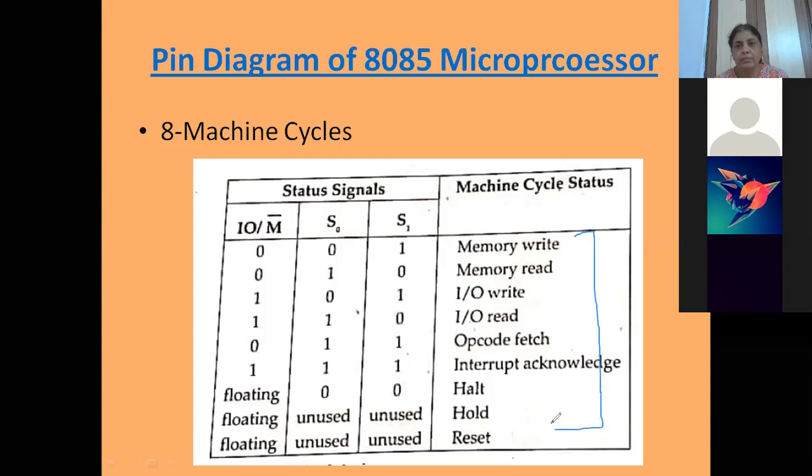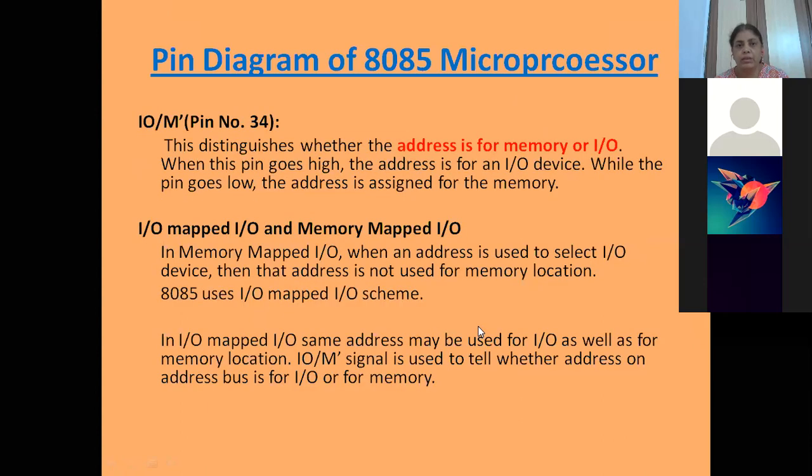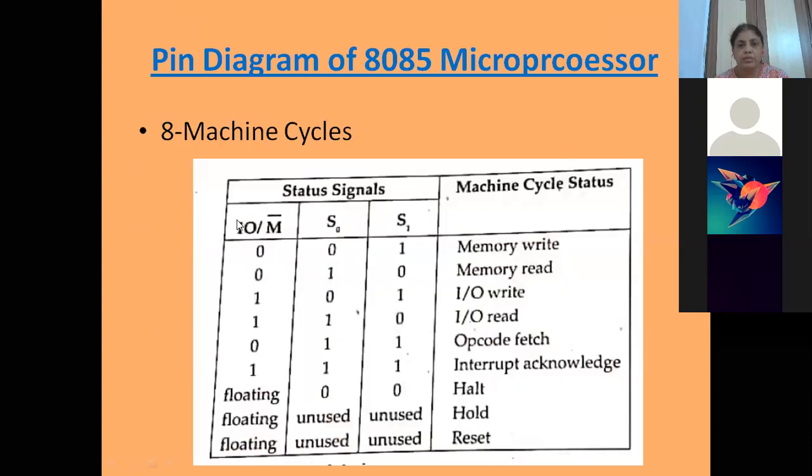तो किसी ना किसी पे माइक्रोप्रोसेसर काम कर रहा है. ओके, तो S0 S1 से सिर्फ आपको पिक्चर मिलती है कि माइक्रोप्रोसेसर इज राइट नाउ डूइंग व्हाट, मींस इट इज डूइंग राइट ऑपरेशन, रीड ऑपरेशन, बट राइटिंग और रीडिंग फ्रॉम वेयर दैट विल बी क्लियर, और दैट इंफॉर्मेशन यू आर गेटिंग विद द हेल्प ऑफ IOM बार सिग्नल.